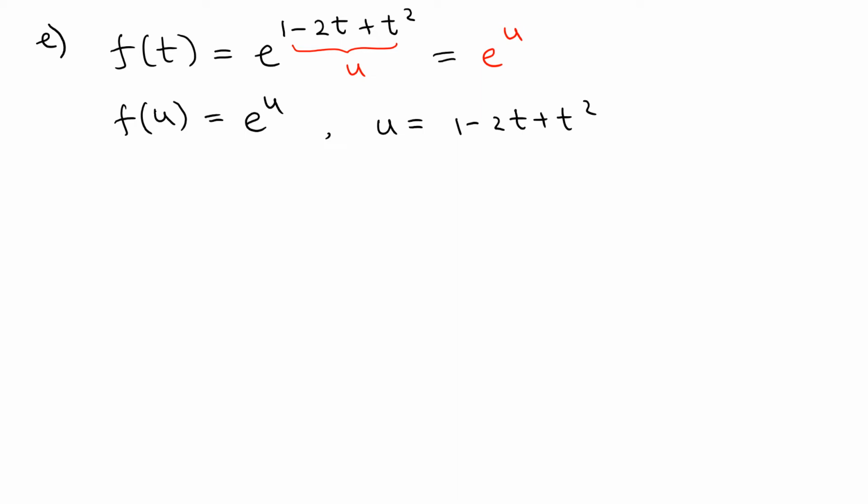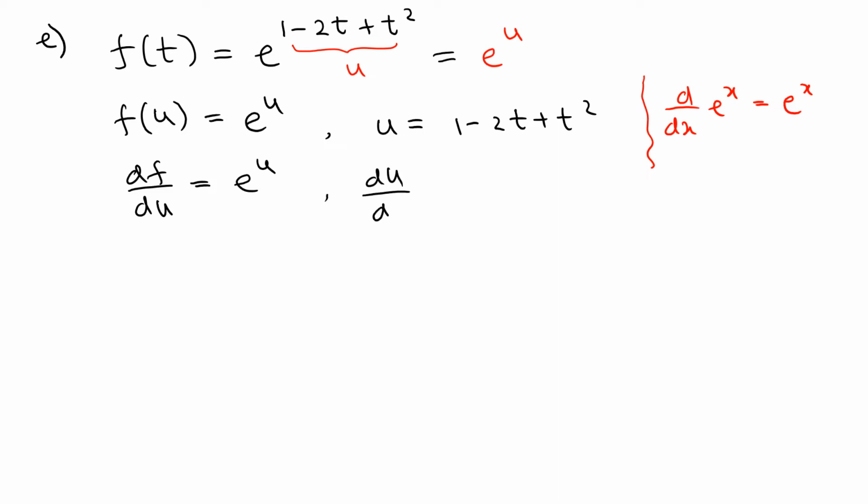As before, take the derivative of the first function with respect to u, so it is df over du, and we know the derivative of e to the u. It is e to the u again, because if you recall the corresponding theory, the derivative of e to the x is simply e to the x again. So that's what we use here. And then the derivative of u with respect to the variable t: you can see 1 is a constant, so it is negative 2 plus 2t.